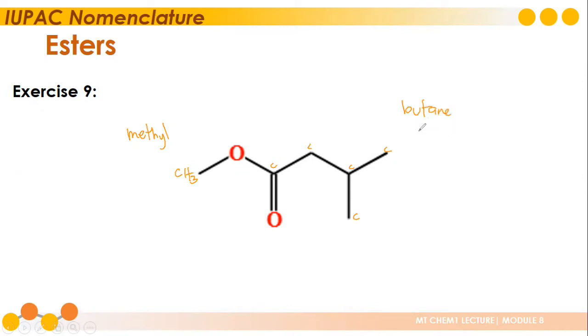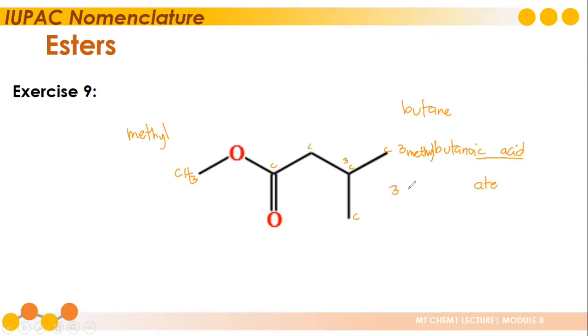And since we're first referring to the acid, it's butanoic acid. And then we have a substituent here, which is located on carbon 3, and it's a methyl group. So this is 3-methylbutanoic acid. We're not stopping here. We have to change the -ic acid to -ate.